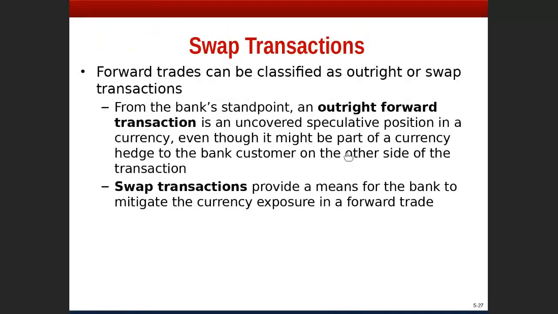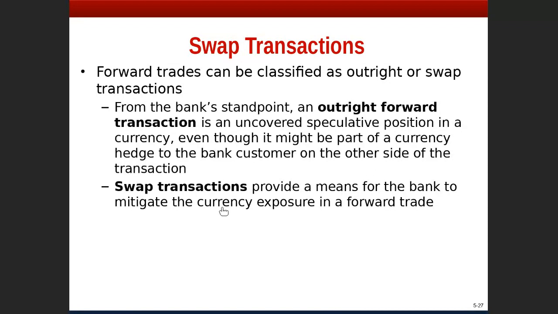Swap transactions. Forward trades can be classified as either outright or swap transactions. From the bank's standpoint, an outright forward transaction is an uncovered speculative position in a currency, even though it might be part of a currency hedge to the bank customer on the other side of the transaction.